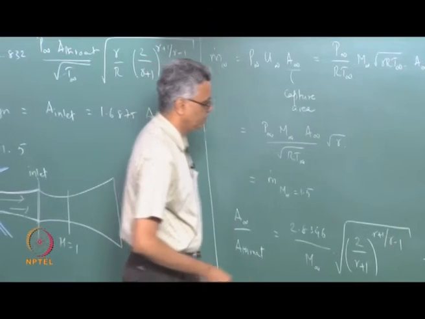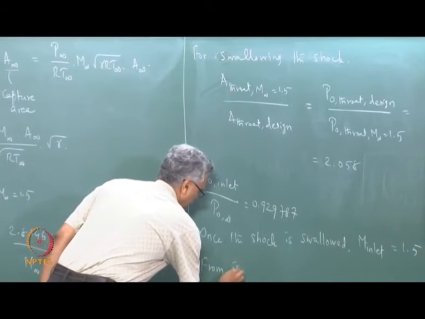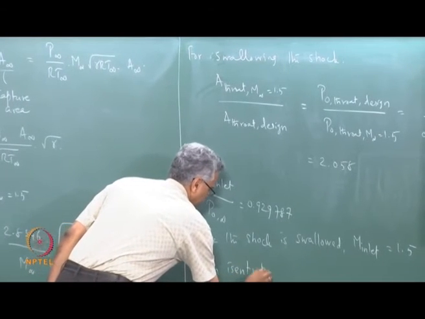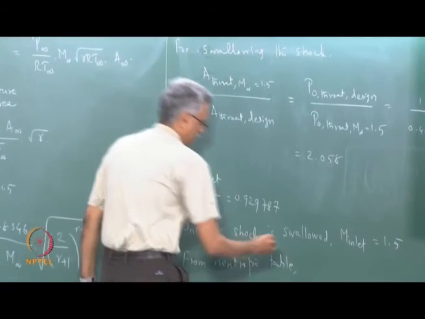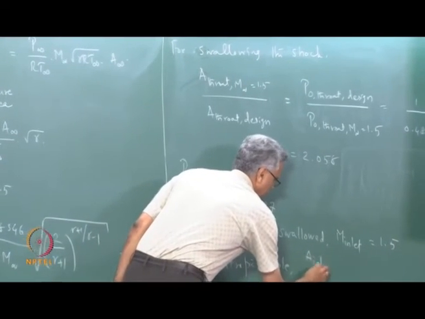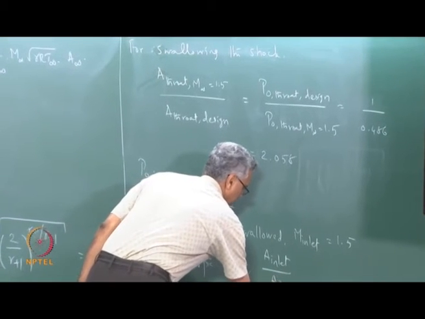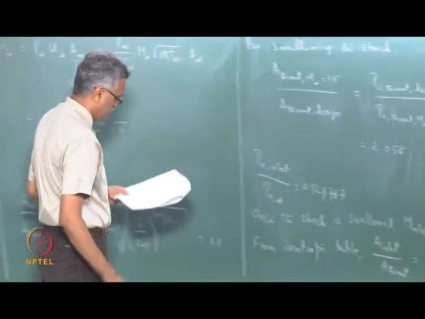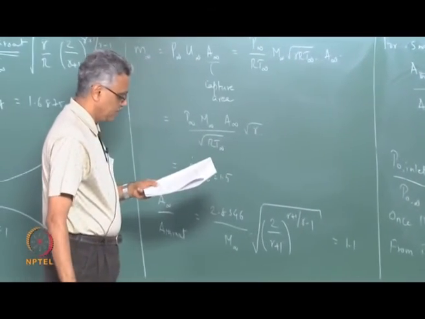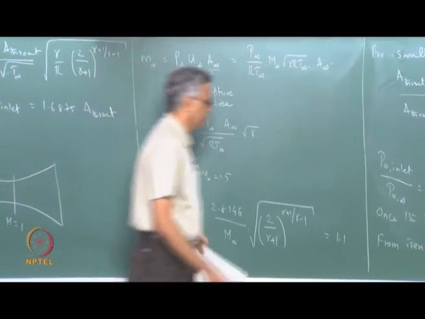So this means from the isentropic table, A inlet divided by A throat corresponding to this Mach number is going to be 1.17617.